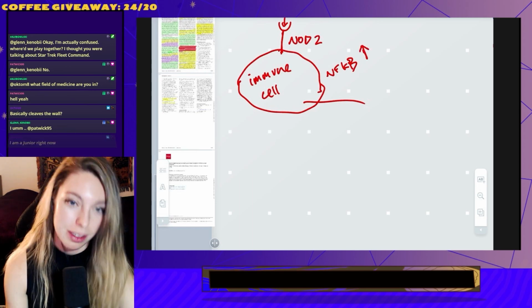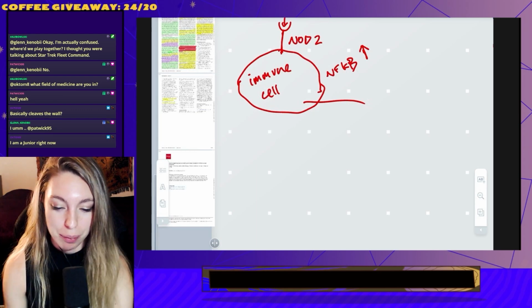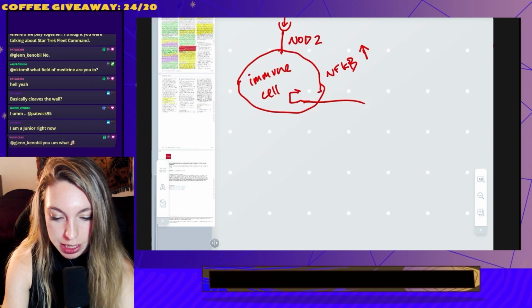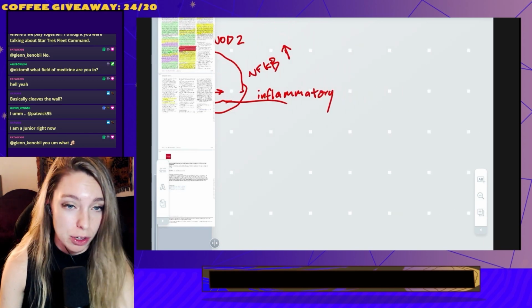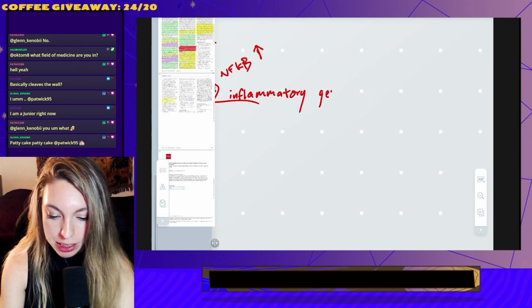A part of the NF-kappa B protein cleaves, and NF-kappa B is a transcription factor. So it turns on genes that are inflammatory. And we know that inflammation can help promote a good immune response in some cases.